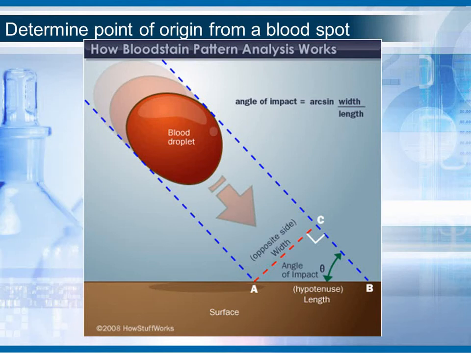Our estimate of it. Picture this thing sliding through this little tube and then that's where it hits. What would this length be in relevance to this blood drop? That's right. You could just take a ruler and measure that length of the blood drop and that gives you this side right here.